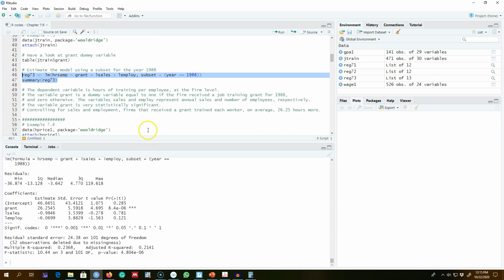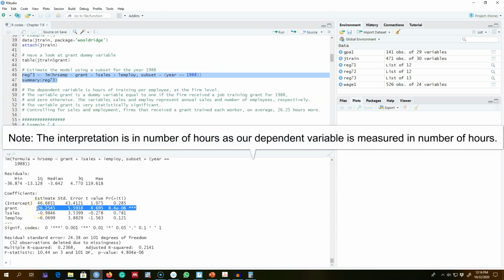So looking at the result, we are interested in the variable grant, which shows the difference in the hours of training that the firms provide to their employees based on whether the firms got this grant or not. This dummy variable shows that controlling for the level of sales and number of employees, firms who got the grant provided 26.25 hours more training as compared with the firms who did not get this grant.